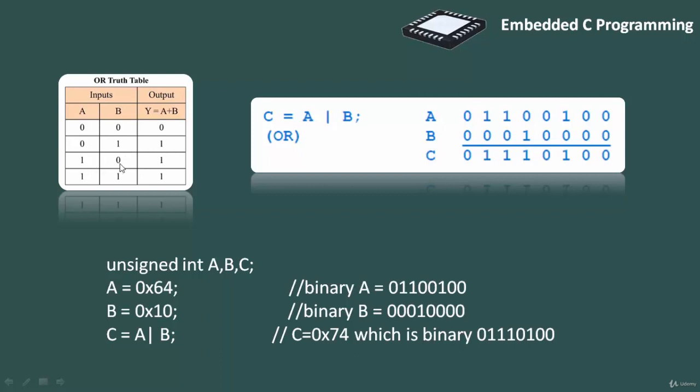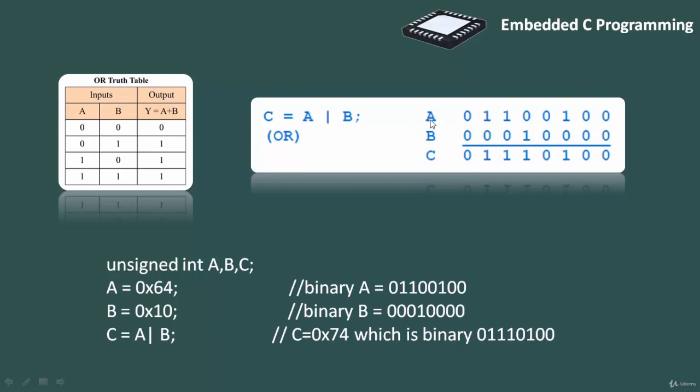If A is 1, B is 0, then output is 1. If both are 1, the output is again 1. In a simpler way, you can remember it like this. If 1 is ORed with X, the output is always 1, and when 0 is ORed with X, then output is always X.